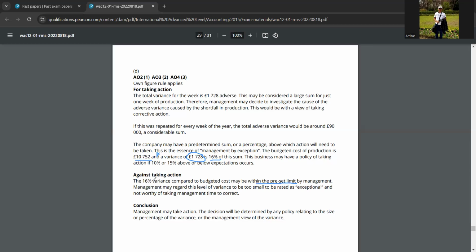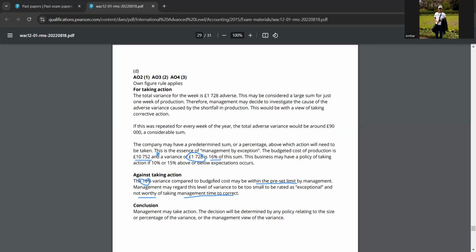Management may regard this level of variance to be too small to be rated as exceptional and not worthy of taking management time to correct. So it's not worthy of taking the management's time to correct these standards and to implement a policy called management by exception. Do you want me to explain that part again?